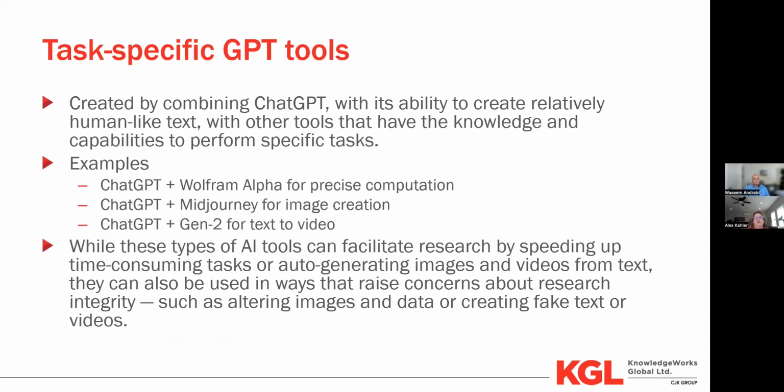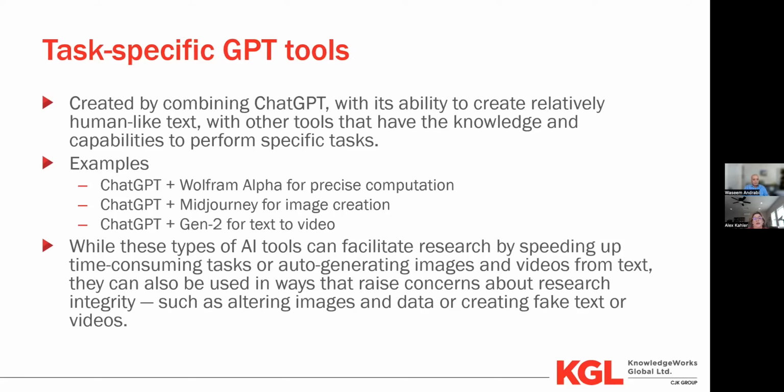There are also a lot of task-specific GPT tools that have been created recently. By combining ChatGPT with its ability to create human-like text with other specific tools that have been developed over recent years, more specific tasks can be performed. So ChatGPT plus Wolfram Alpha can be used for precise computation, ChatGPT plus Midjourney for image creation, ChatGPT plus Gen-2 for text to video.